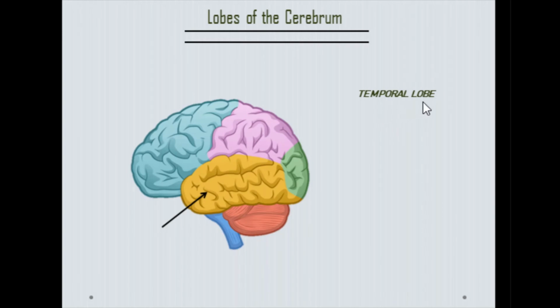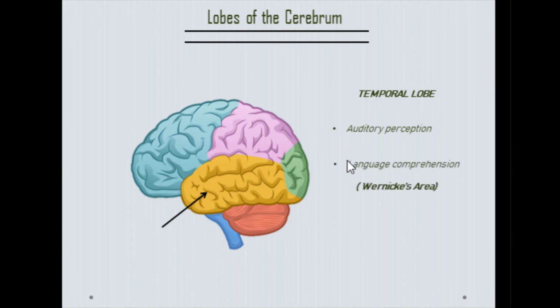Right. This lobe functions for auditory perception. One more time. Auditory perception. That means you can hear because you have this lobe. You have the temporal lobe.